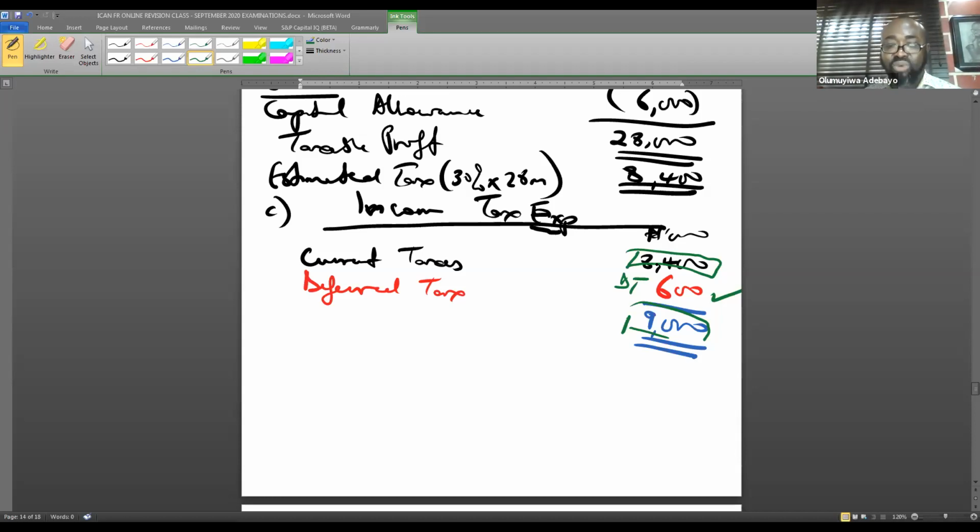You make a provision once you have a liability, though it's of uncertain amount or timing, but there's an obligation that is present. But this is just a simple way of explaining what deferred tax is and its implication.